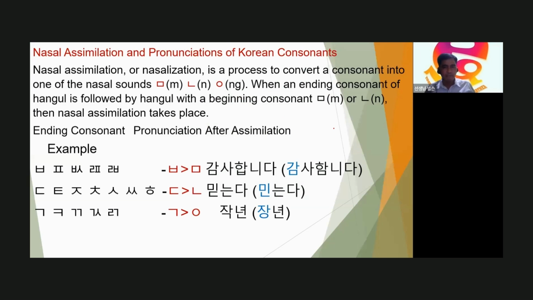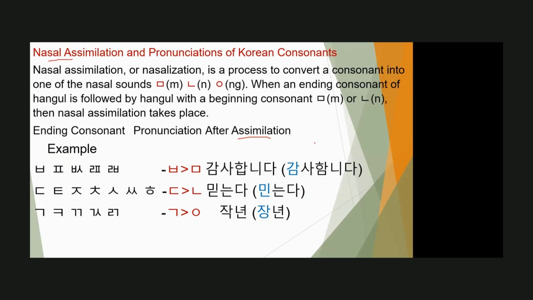Okay, here they are. Please read this, Miss Mylene. Nasal assimilation and pronunciation of Korean consonant.